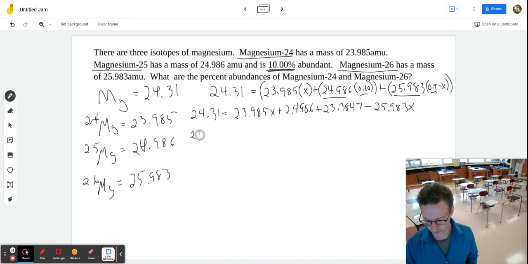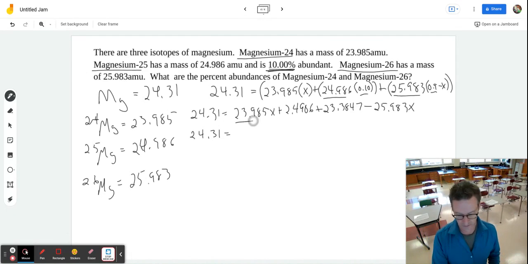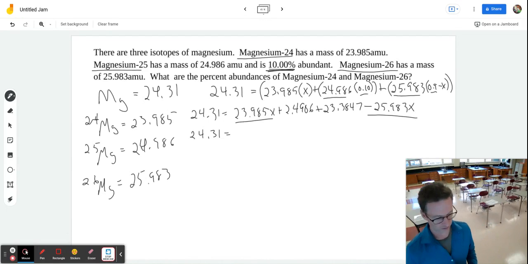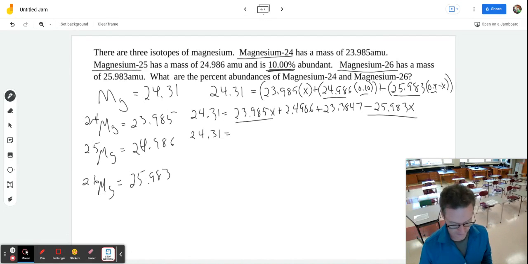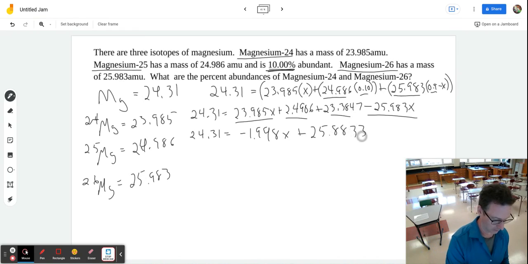I'm going to put this in two steps so you can see where some of these are going. If I combine my x's, it's 23.985x minus 25.983x, and then I'm going to add these two numbers together. So what I end up with here is negative 1.998x plus 25.8833.